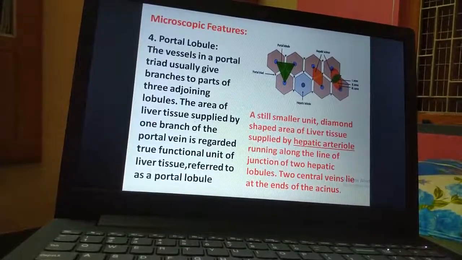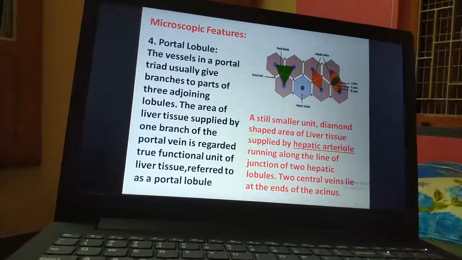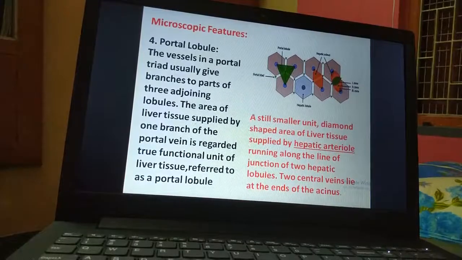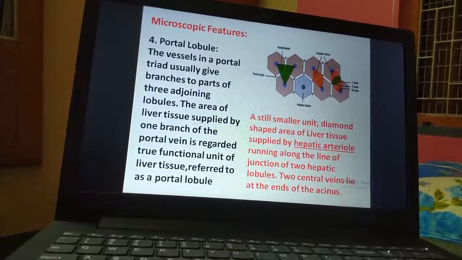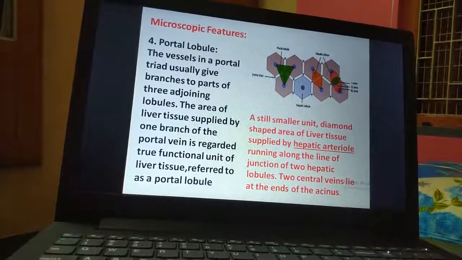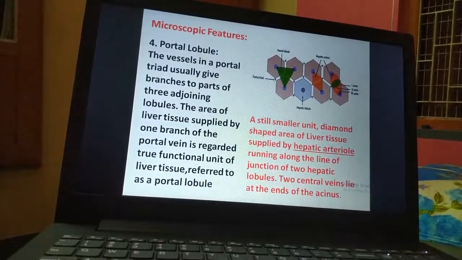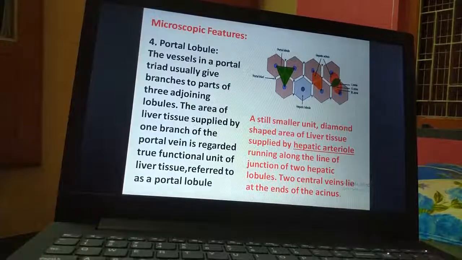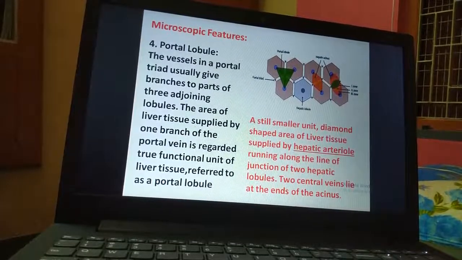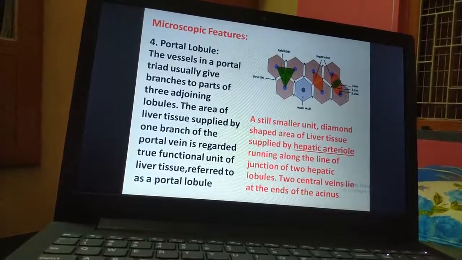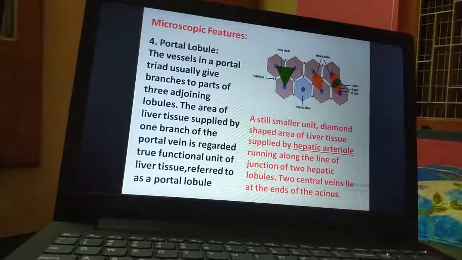Another feature we observe is the portal lobule. We should remember the liver receives blood supply through the portal vein and the hepatic artery, and nearly 75% of the blood comes through the portal vein and 25% through the hepatic artery.